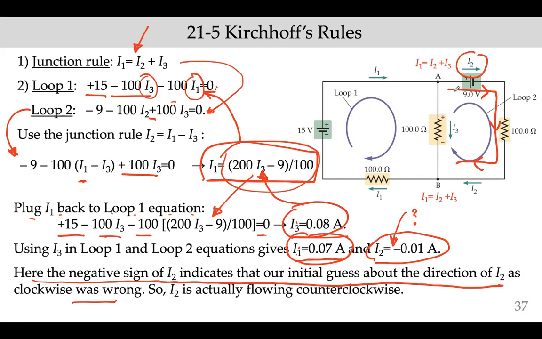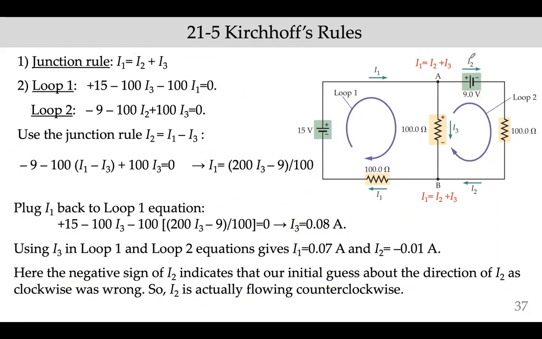So what it means is we actually chose it wrong. I2 is actually flowing counterclockwise. So the correct direction of I2 is in this direction. I2 is flowing this direction.